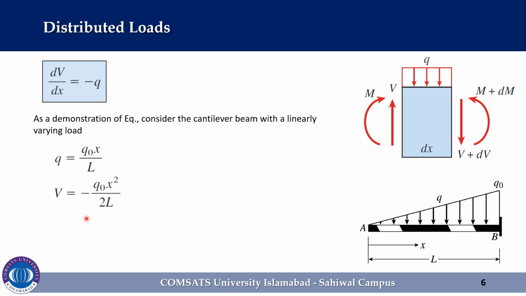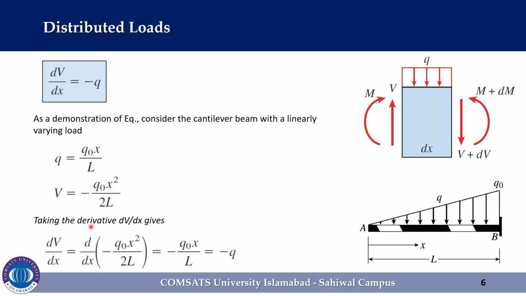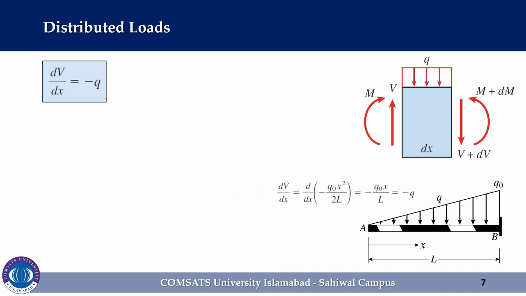Now taking the derivative, dV over dx gives minus q naught x over L. If we consider the entire beam rather than a cut section, then x will be equal to L and cancel out in this expression. So finally dV over dx will be equal to minus q, which agrees with our previous expression.